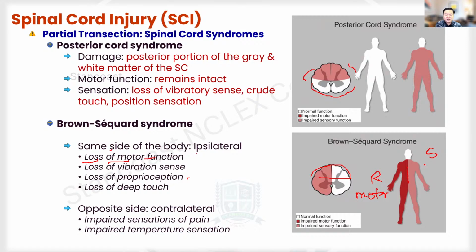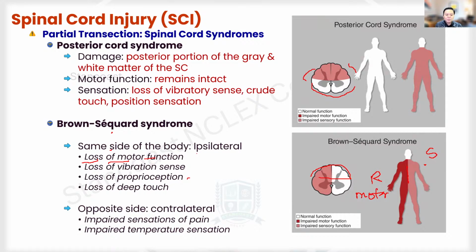The reason for that is because the spinothalamic tracts are carrying the sensation, which is crossing to the opposite side shortly after entering the spinal cord. So this is why Brown-Séquard syndrome has this contralateral impairment in the sensation.